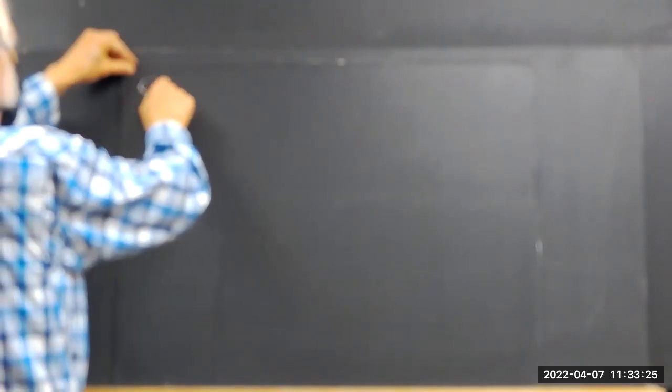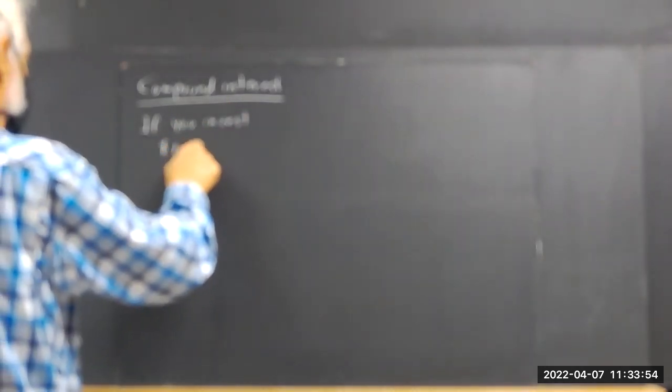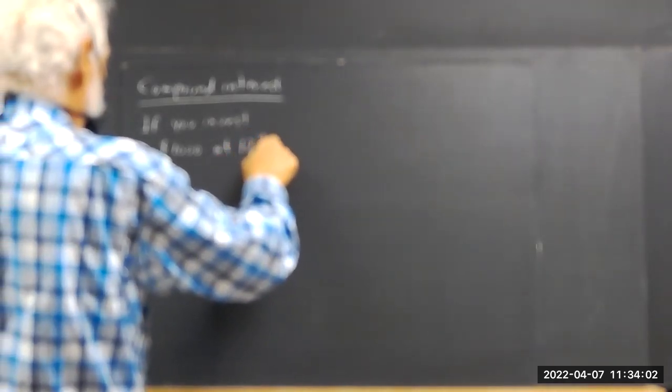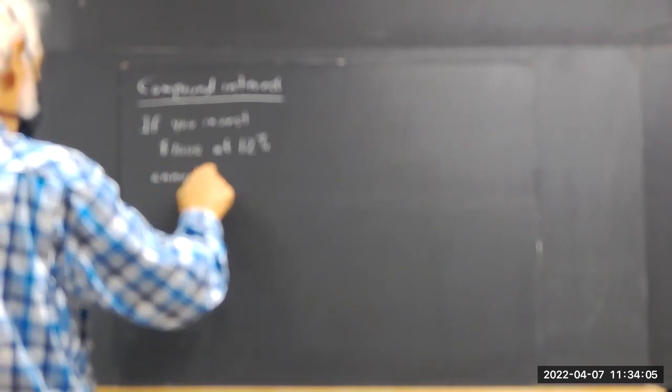Going to pose a problem here. Okay, we're talking about compound interest and the way that works. About 10% is easy. 10% annual interest.